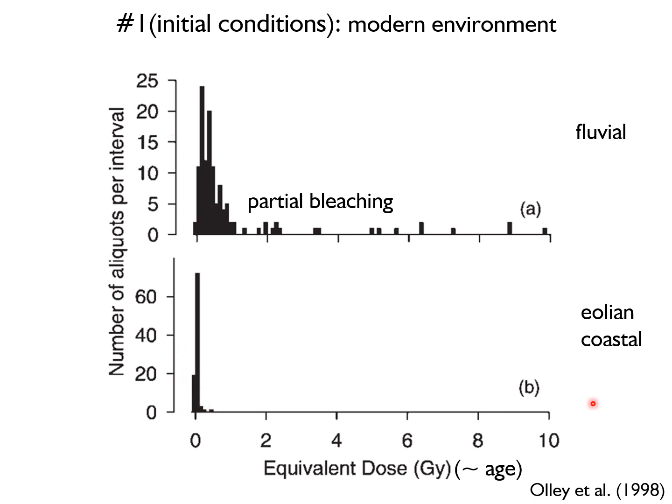We can see here that for wind and wave, the luminescence age is 0 or very close to. But for fluvial, it's a little bit more difficult, and we see that there's a tail to older ages that may manifest itself, something that we call partial bleaching. Subject for another time.